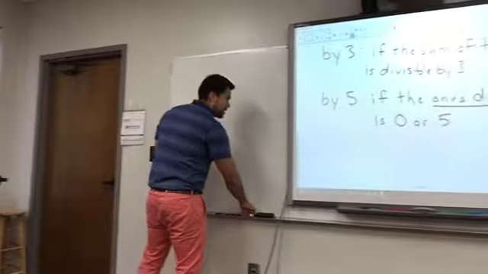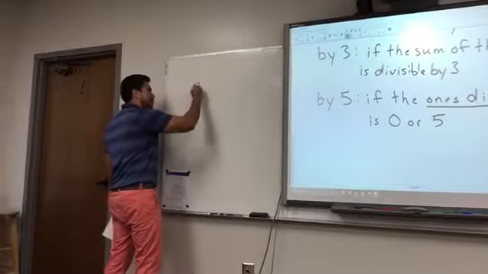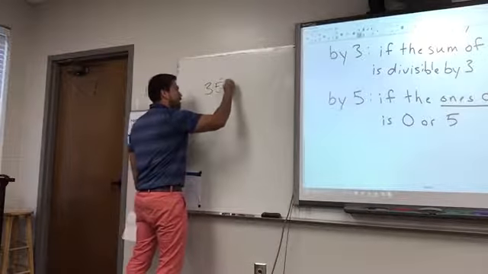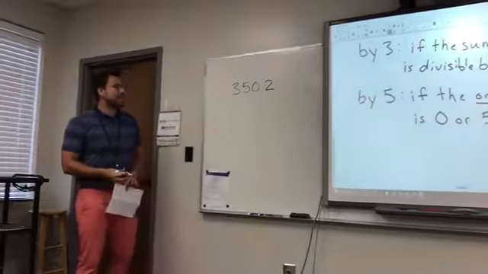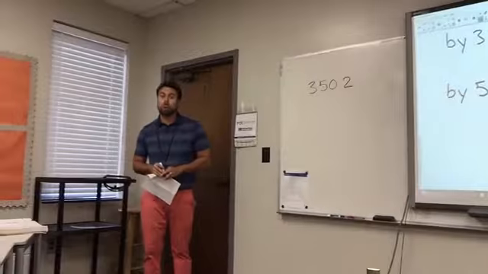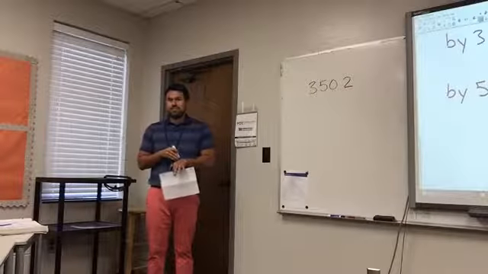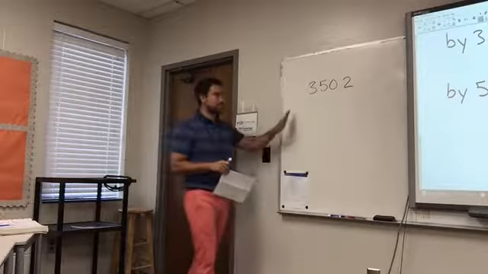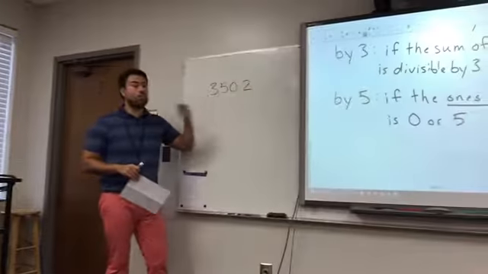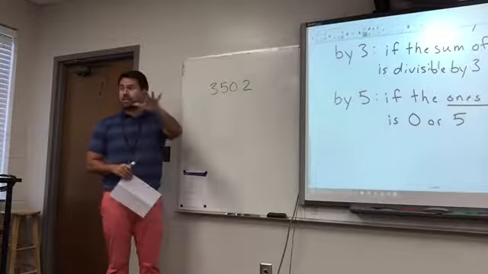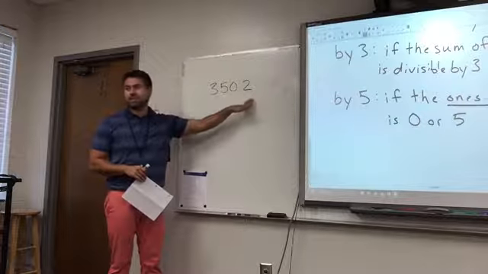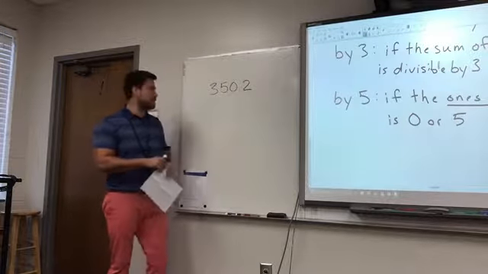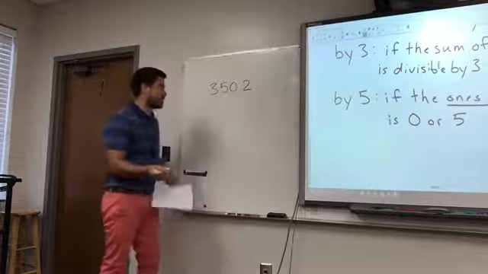Yeah, so let me give you an example here. All right, ready? I'm going to give you a number. 350.2. Is that divisible by 2? No, maybe. Okay. It goes into it evenly, but what are we talking about in this lesson with our numbers? We're talking about whole numbers. So is that a whole number? No, it's a decimal number, so we're not talking about that.